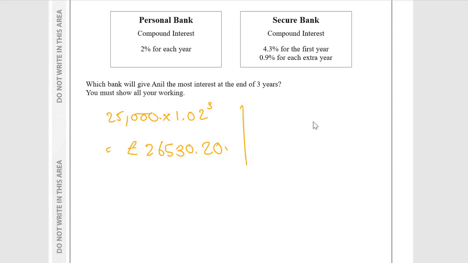And if we use Secure Bank, so 25,000, and now we multiply by 1.043, because you get 4.3% for the first year, and then we multiply by 1.009, because you have 0.9% for the extra years, but it's 2 years, so we square it, which using our calculator gives us 26,546.46.